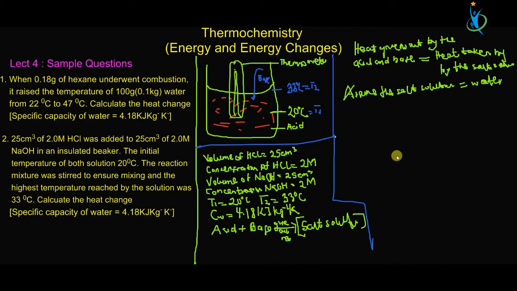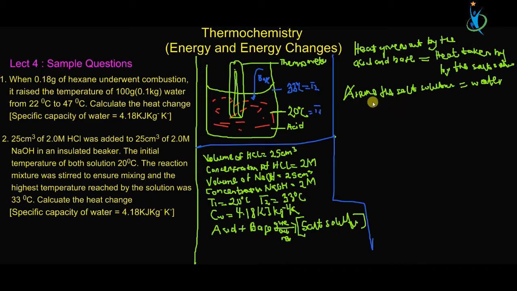So we can assume that the heat that went into the salt solution is the same as the heat that went just into the water, because, as I said already, usually a large amount of water is formed together with the salt, and the water is large compared to the salt.